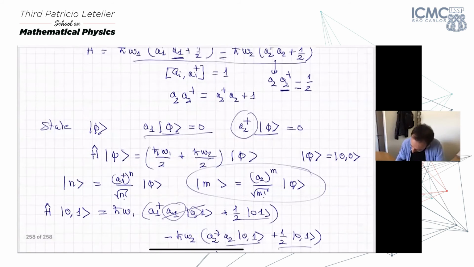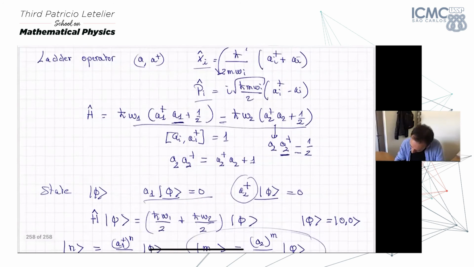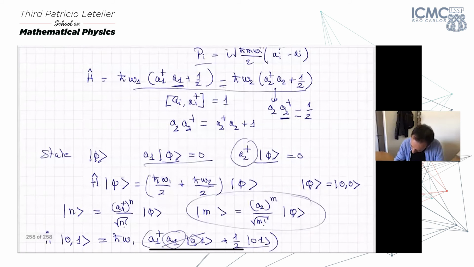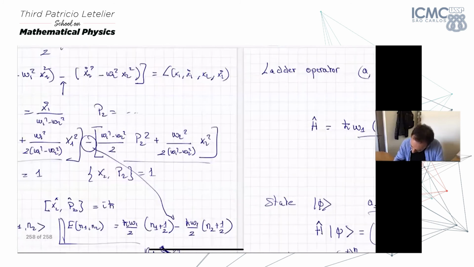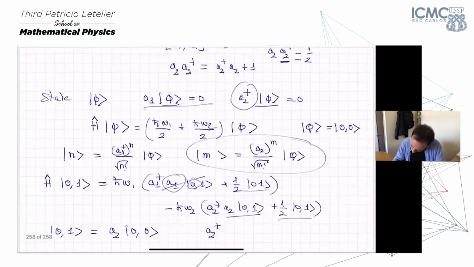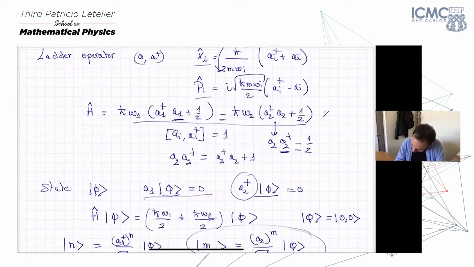No, it's fine. Here, where is it? My Hamiltonian. The Hamiltonian is here. In this expression, as we said, we will just commute these two into A2 DAG minus 1.